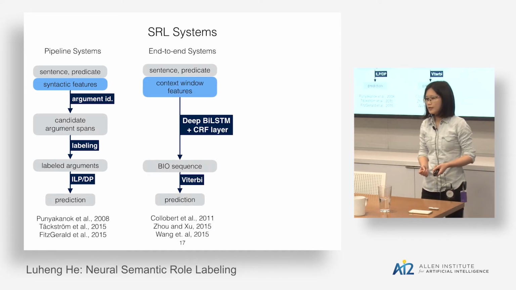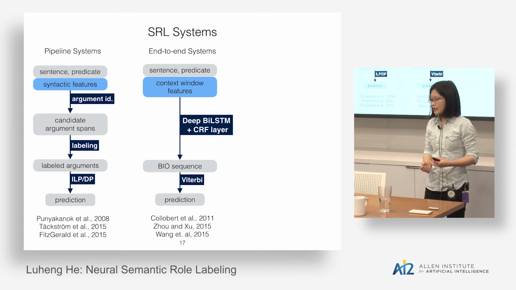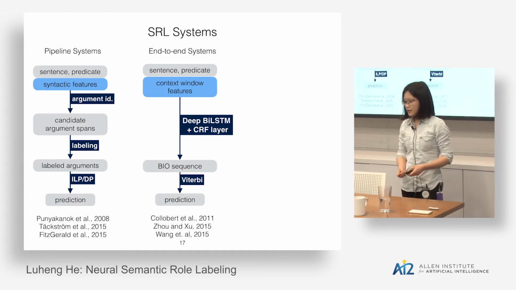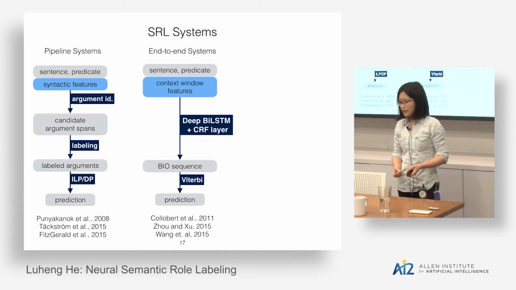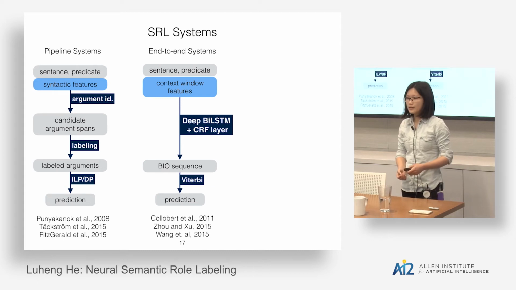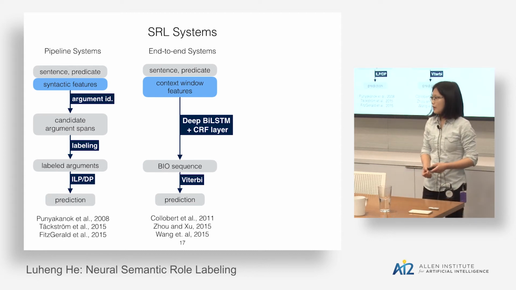And in contrast, the end-to-end SRL system models the problem as a BIO tagging problem. For example, the work by Zhou and Xu from Baidu Research uses a deep bidirectional LSTM plus CRF layer, and also uses context window features, but not any of the syntactic features that people have used before, and they got state-of-the-art results. But there are some finicky details about the model.